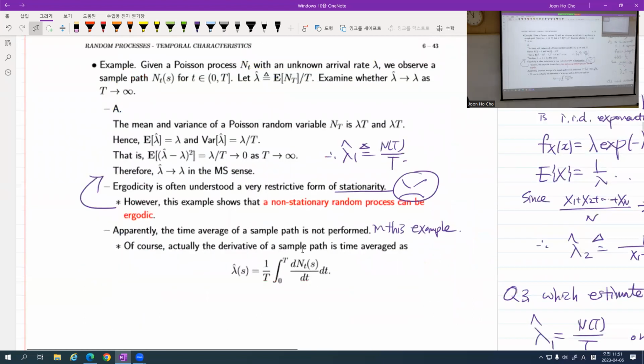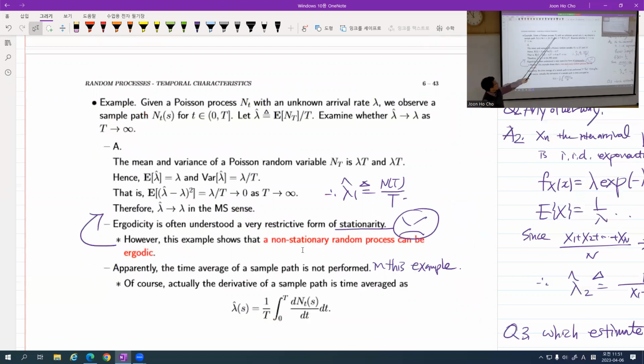So here goes an example you already know. Suppose N sub t is a Poisson process. You know the sample path, right? And then here goes the problem. The arrival rate is unknown, but you observe a single path for a positive interval, 0 to T. For example, suppose you assume that your KOSPI index buy order arrives following a Poisson process for a very short time period.